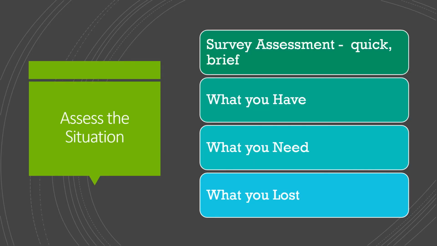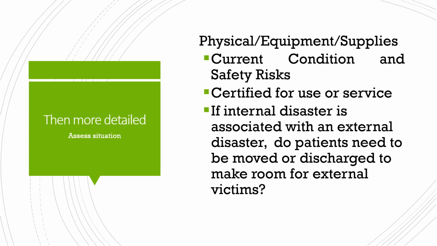So if you suffer an internal disaster, you need to quickly assess the situation. You take stock in what you have, what you need, and what you lost. Sounds like a song. And then a more detailed assessment.